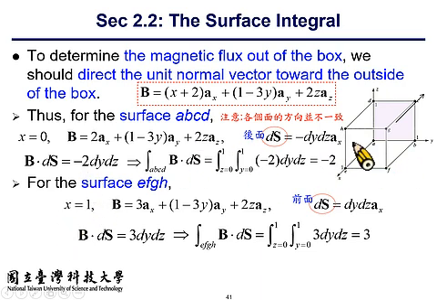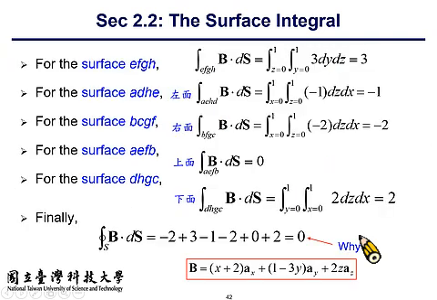So you can do the same for other surfaces. For example, for the front, which is EFGH, the surface integral is 3. If you calculate the integral for the left, it's minus 1.